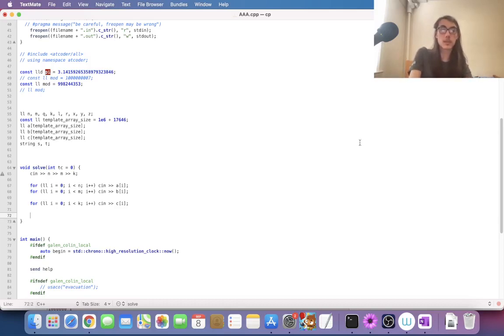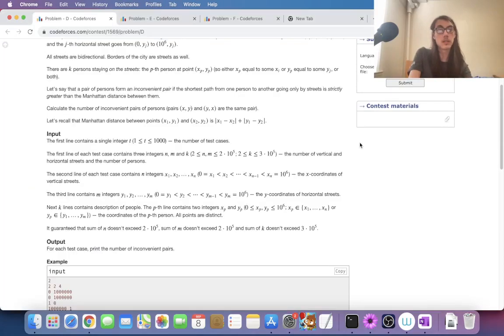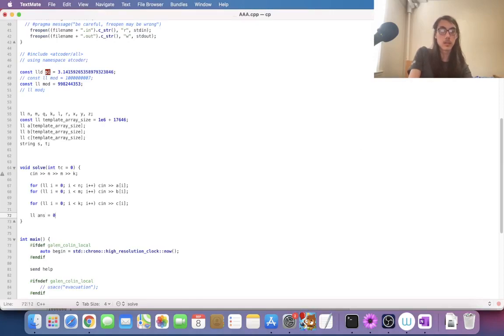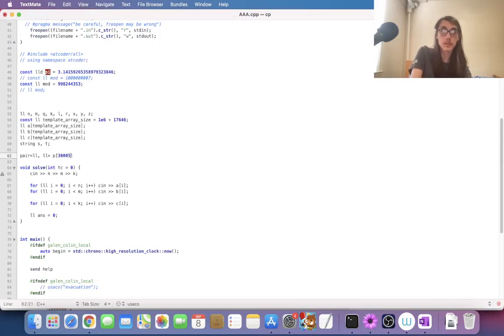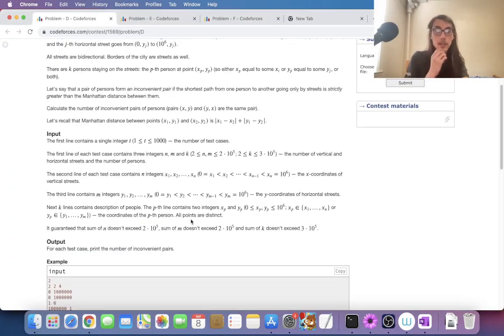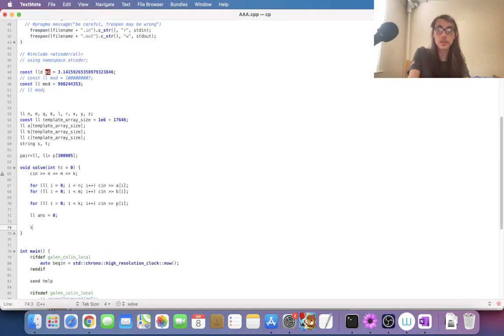Okay, so let's do pairs, and then up to 300,000. 300,000, not 30,000. So we're going to read in the pairs. First we sort them by their x coordinates.